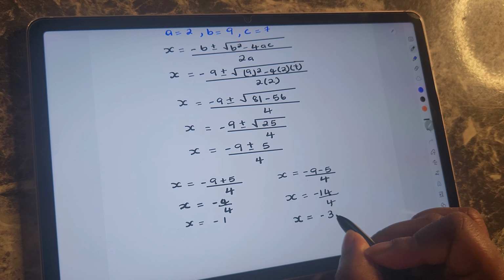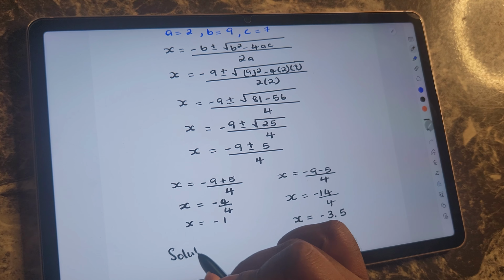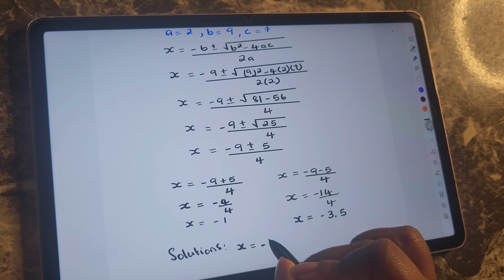So now we have our solutions of x being equal to negative 1 as well as x being equal to negative 3.5.